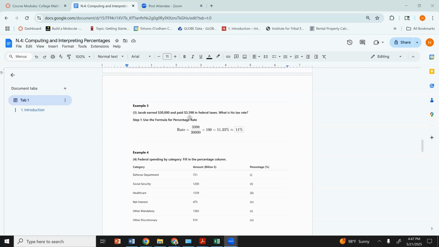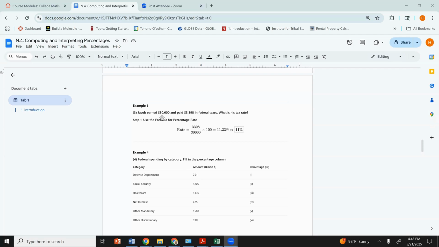So if we want to know the tax rate, or the percentage of his earning that goes into taxes, that's easy. We just want to know what fraction of the 30,000 is 3,398.